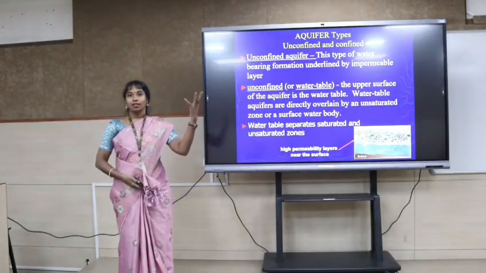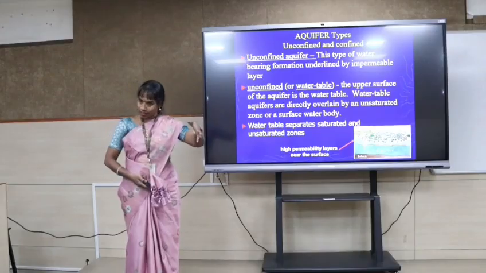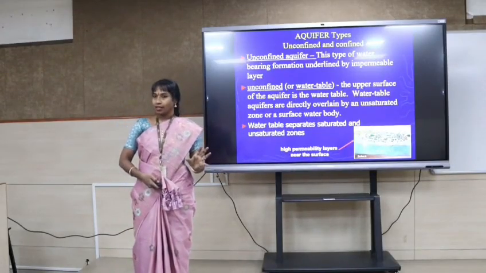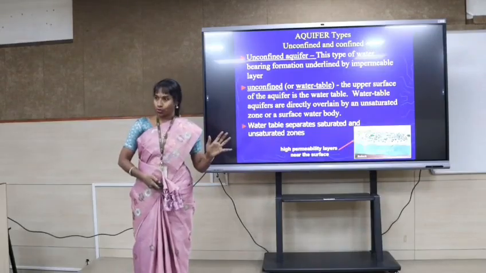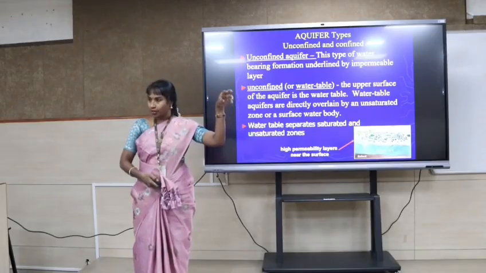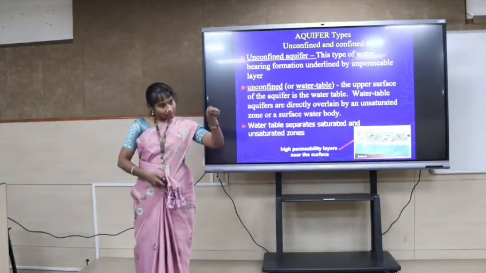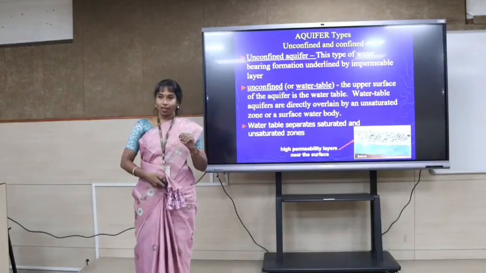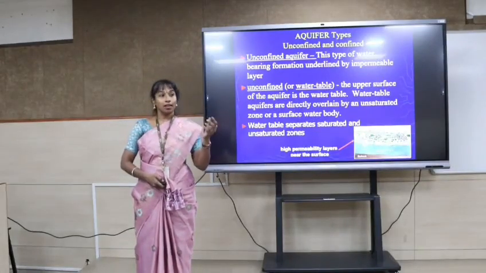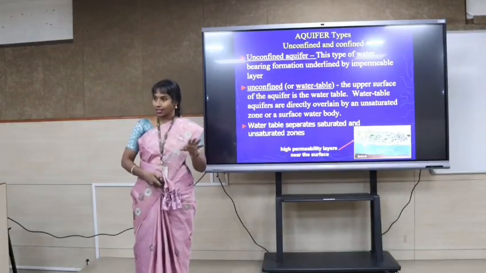Because when it is raining, the water is just passing down and getting stored in the pores. And if there is any clay, it won't be stored. It can be stored, but whenever you want to put in a well, even though we can drill a well in the clay, you cannot withdraw water from it. So that is called an aquiclude, another geological formation.